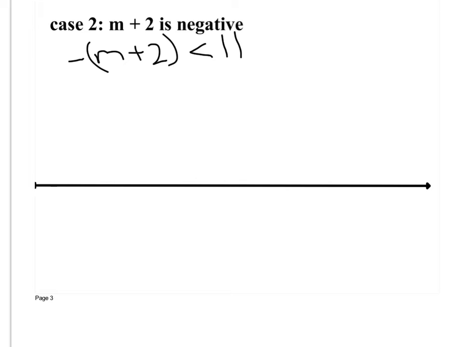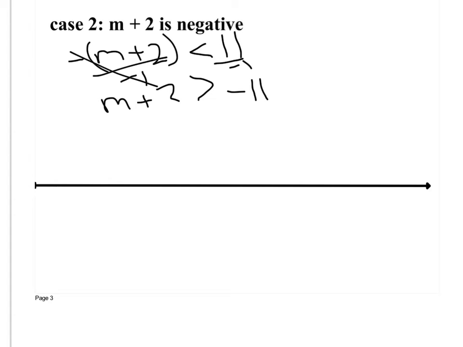Now, I'm not requiring you to do this step, but I'm showing you why you're going to do the next step, and that is changing the sign of 11 and also changing the inequality. Because you could say I divided both of these by -1 to make m plus 2 positive. And since I divided by a negative, I had to change my sign.